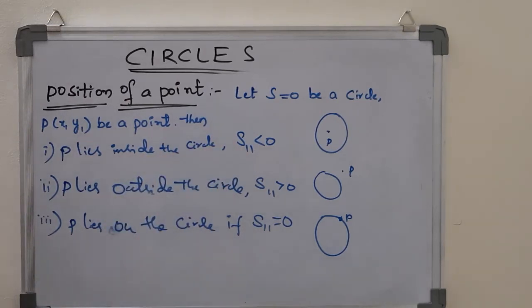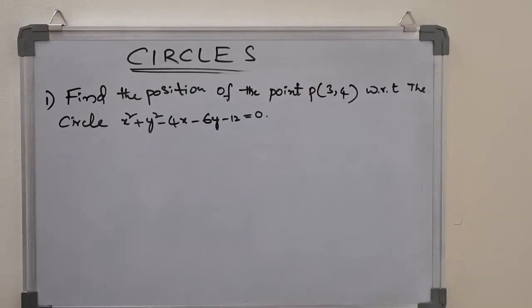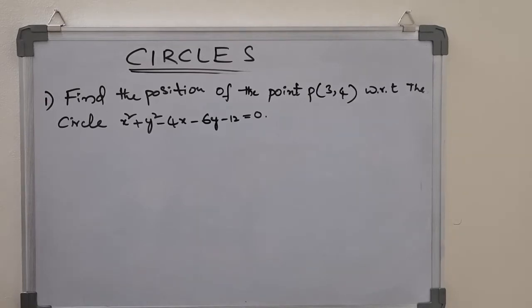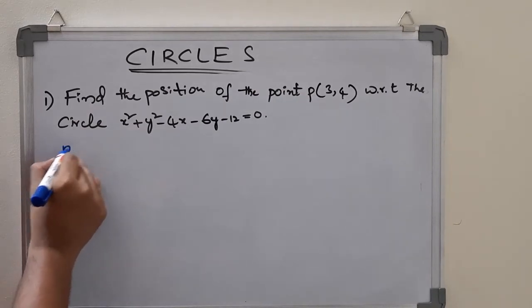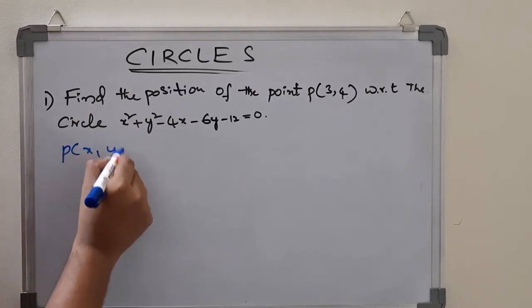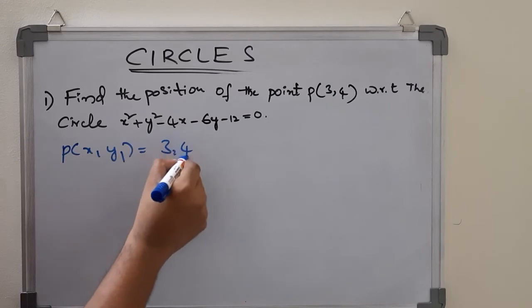Position of a point, we will get some idea. Find the position of the point P(3, 4) with respect to the circle x square plus y square minus 4x minus 6y minus 12 equals 0. First of all, consider the point P(x1, y1) equals (3, 4).